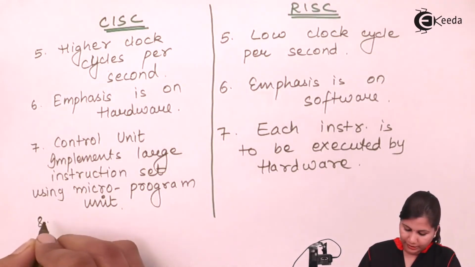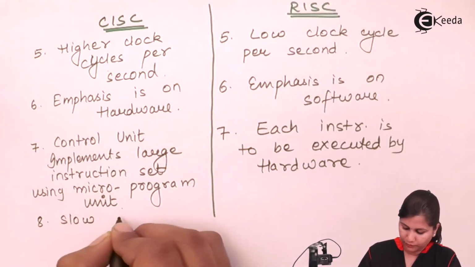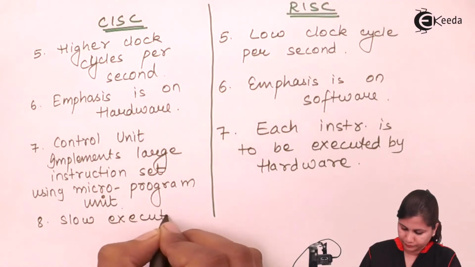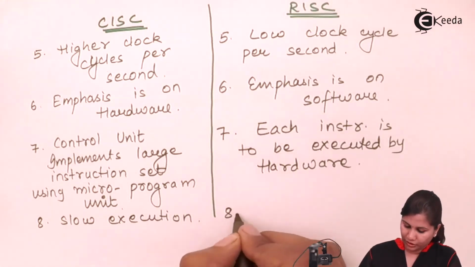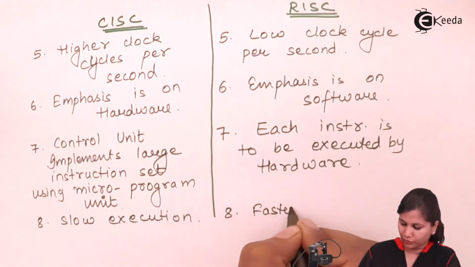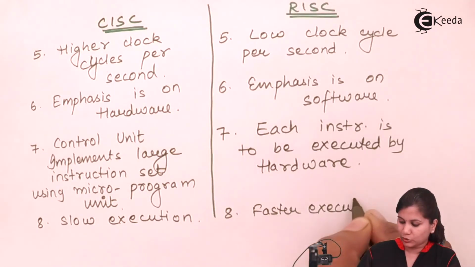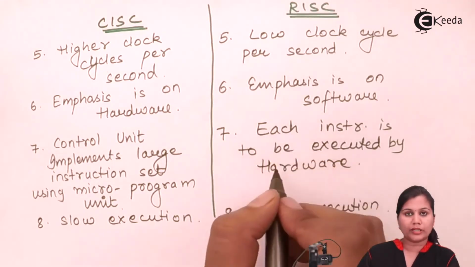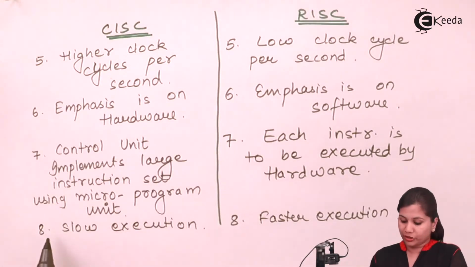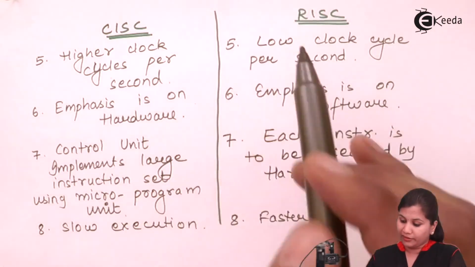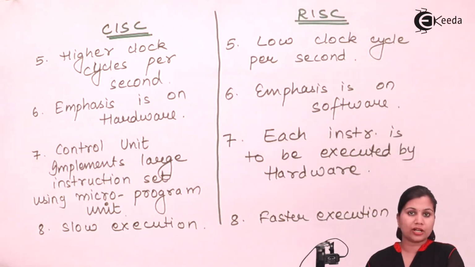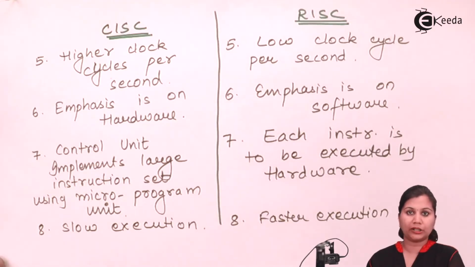Also, in the CISC architecture the execution is slow, whereas in the RISC architecture there is faster execution, because each instruction is executed by the hardware. In CISC, the instruction has to be first fetched and then executed by the control unit. Whereas in RISC, because each instruction is individually executed by the hardware, execution is faster.